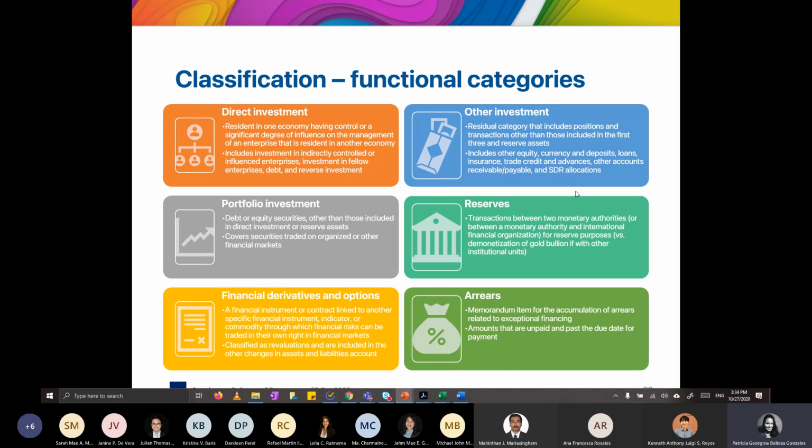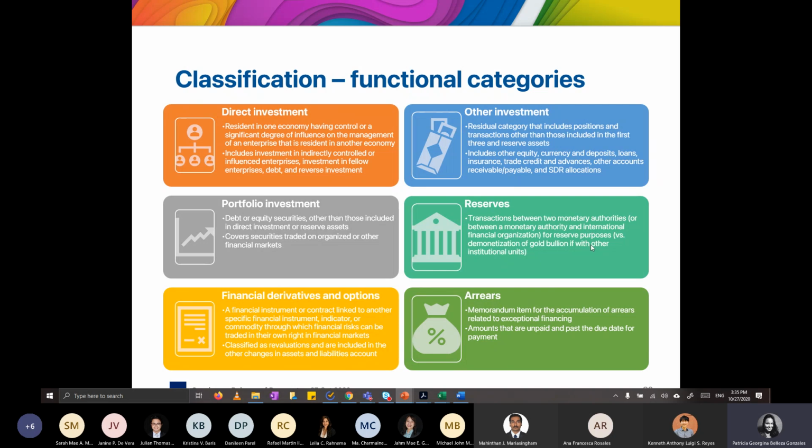However, these reserves, this fifth category, are transactions primarily between two monetary authorities or between a monetary authority and a financial organization for reserve purposes. So it's an exchange of financial assets between them, whether it be certain claims or gold bullion.